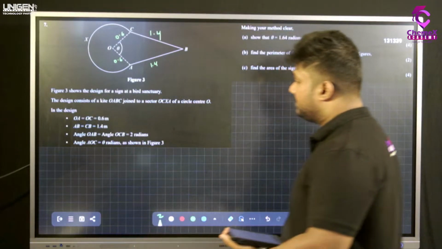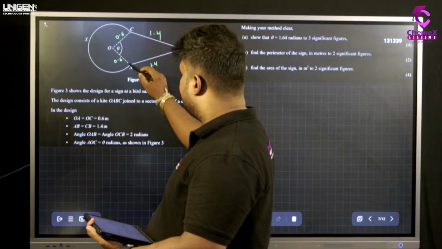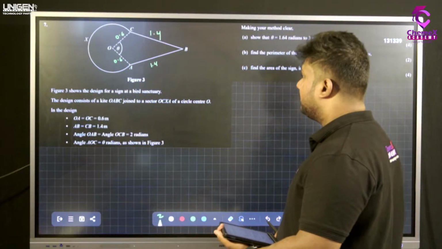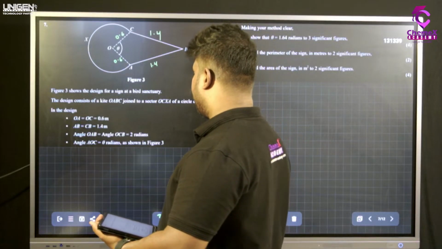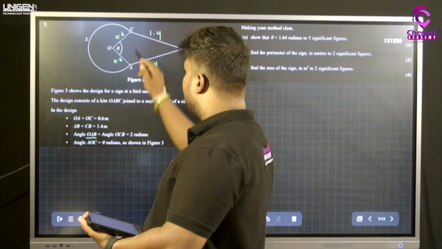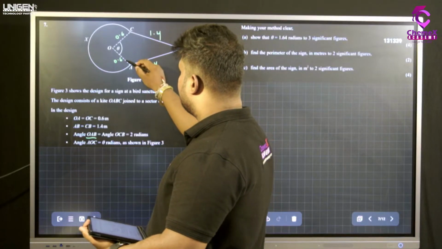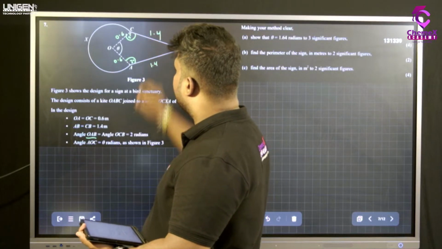Then angle AOC is theta. Angle OAB and OCB is 2 rads.